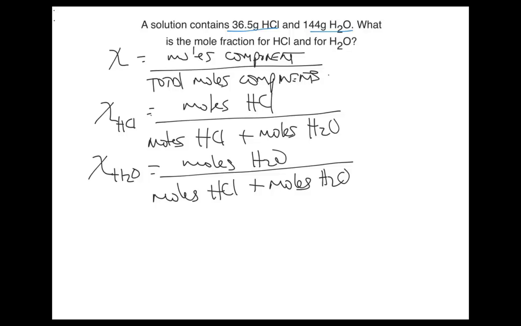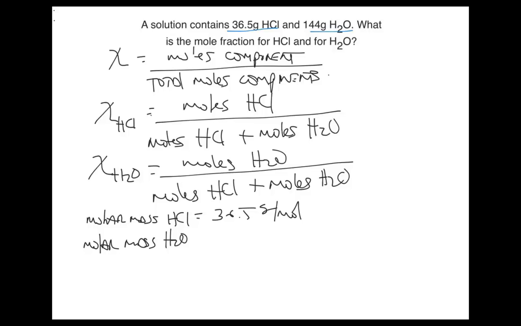Using the molar mass. Okay, so the molar mass for HCl will be equal to 36.5 grams per mole, and the molar mass for H2O will be equal to 18.0 grams per mole.